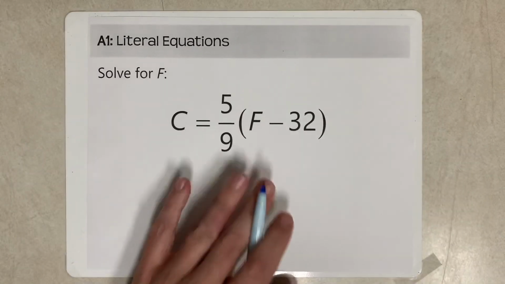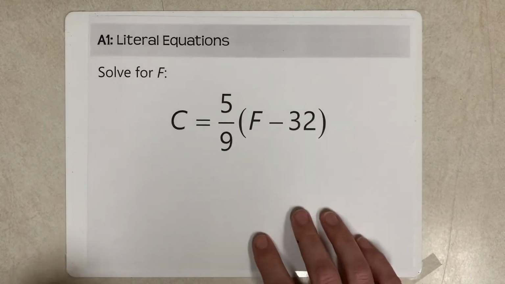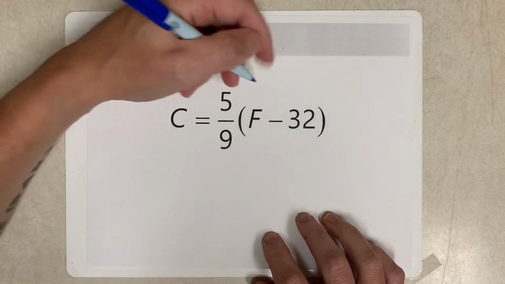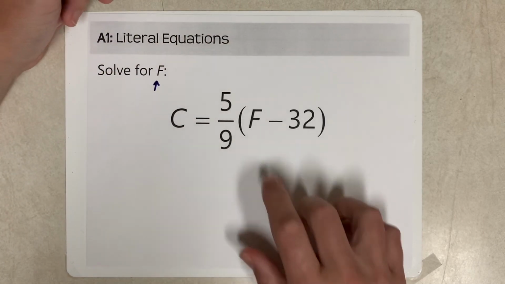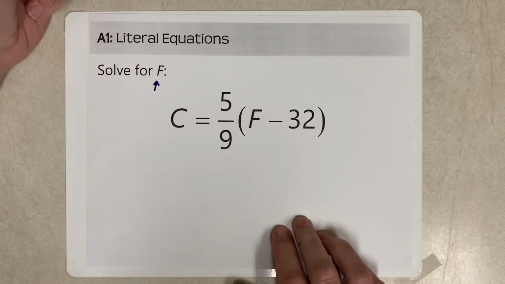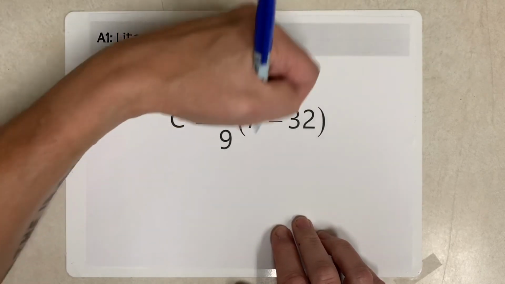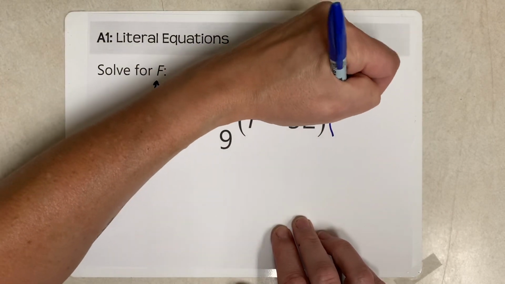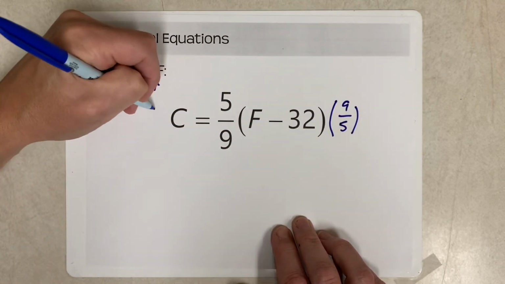Here's our last example, finally. That was a lot of them. And this is really the formula for converting between Celsius and Fahrenheit temperature. So we want to get F by itself. And so to get F by itself, we first need to get rid of the 5/9. And really the best way to do that is to, for this problem, multiply by the reciprocal this time. So we're going to multiply by 9 over 5 on both sides.